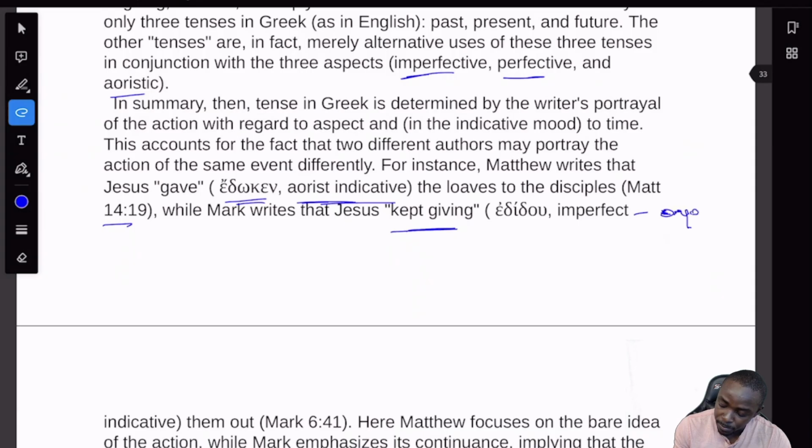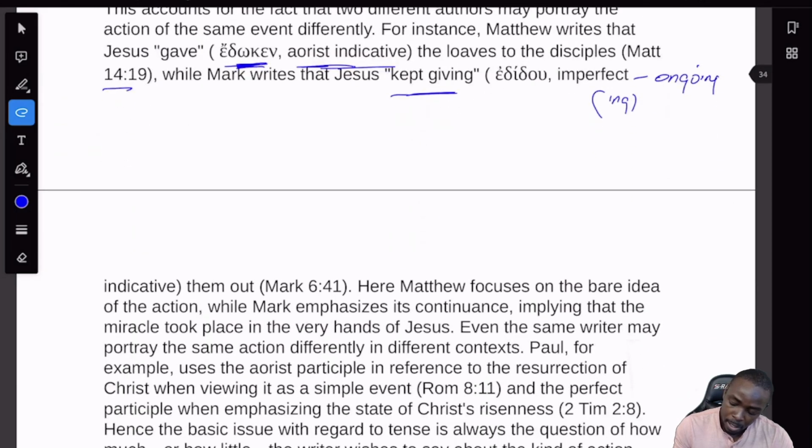Ongoing action, right? And because the imperfect is carrying ongoing action, then you're going to translate it with some form of ing, right? And if it was aorist, that would have been a completed action, right? But both of them communicate something slightly different, right?